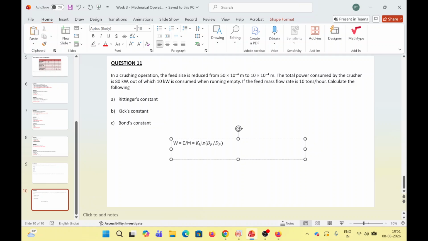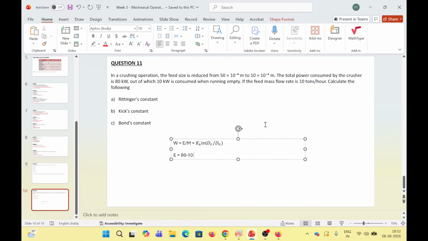So, E is going to be 80 minus 10, because see, it is written 10 kilowatt is consumed when running empty. So when you are going to run something empty, whatever the amount of energy that gets consumed is something that is going to get counted as a mechanical loss in the form of heat or sound.